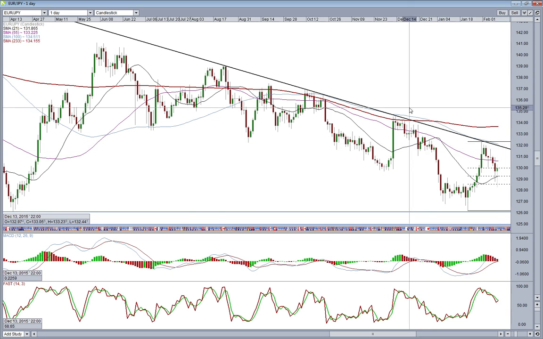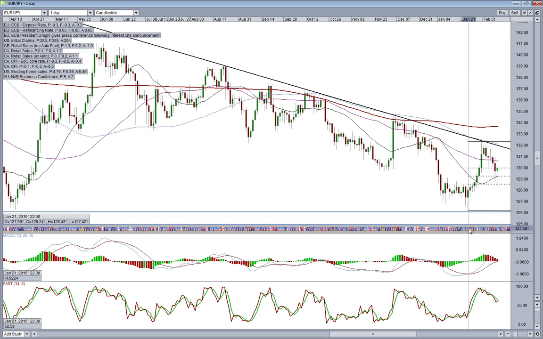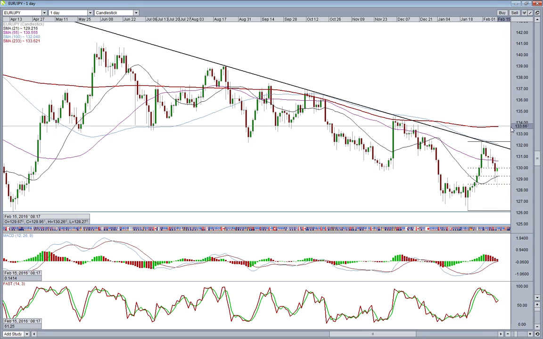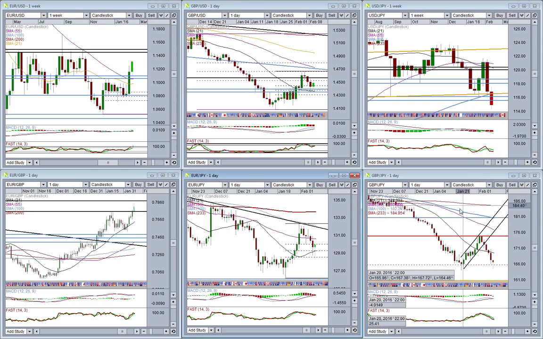Again, we've got that descending trend line, which has proven itself to be a key level of resistance. For me now, this is a battle between the 131.50s and the 128.50s. First to break for me will determine whether the market has turned more bullish or whether the bearishness continues. But the fact that we've caught such a strong bid at these 128.50s does make me a very, very cautious bear at this stage.